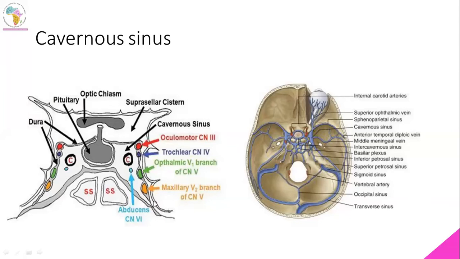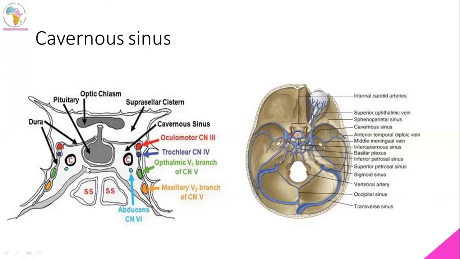We can see that the cavernous sinus is usually formed by the separation of the two leaflets of the dura, and forms a two-compartment space along the lateral aspect of the sella.